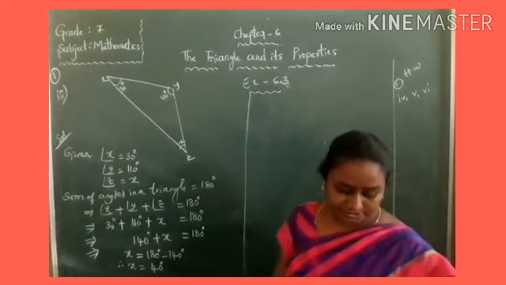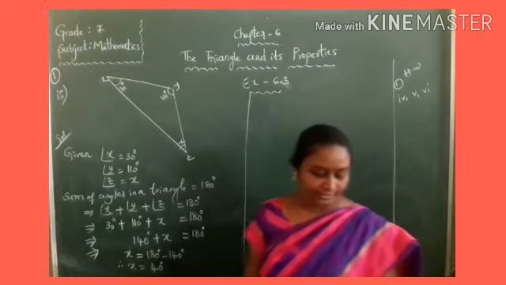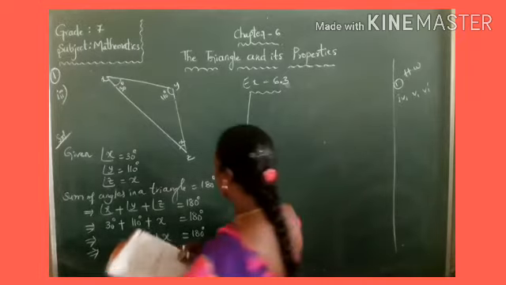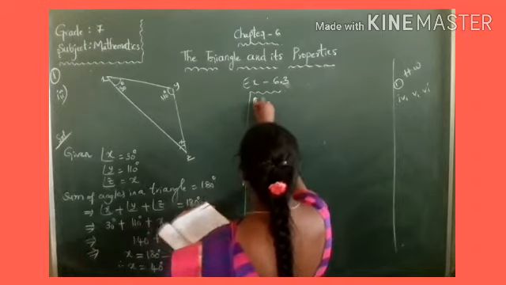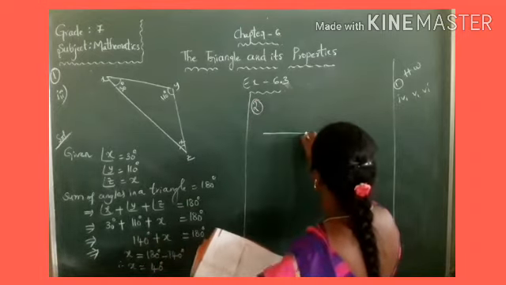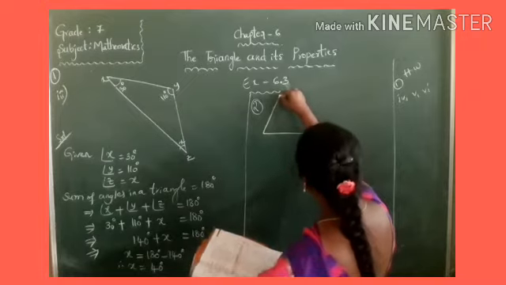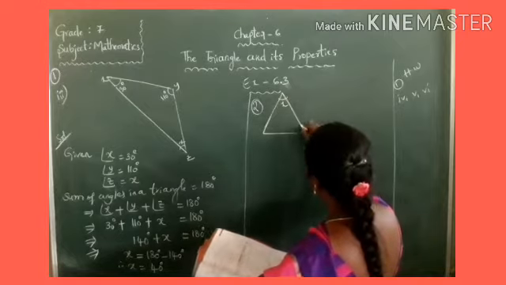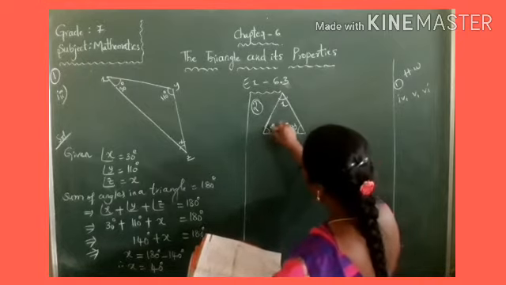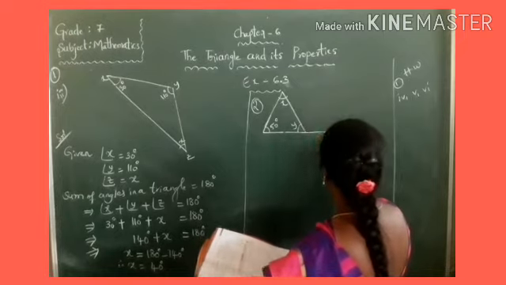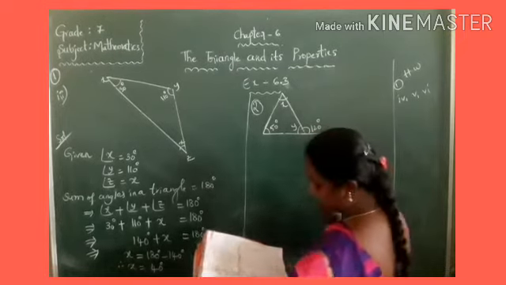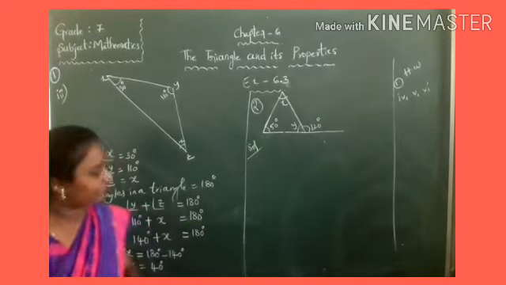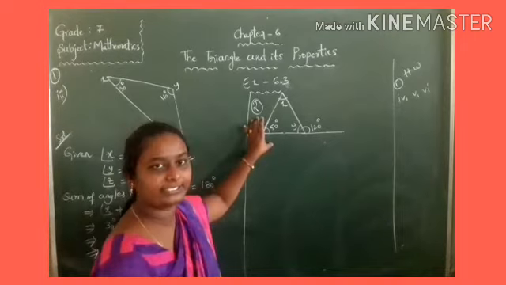Next, second question. Find the values of unknowns x and y in the following diagram. In the previous one he has given only one angle to find. Here how many angles should you find? You have to find two angles, two unknown values: 50 degrees, 120 degrees. Observe this diagram.